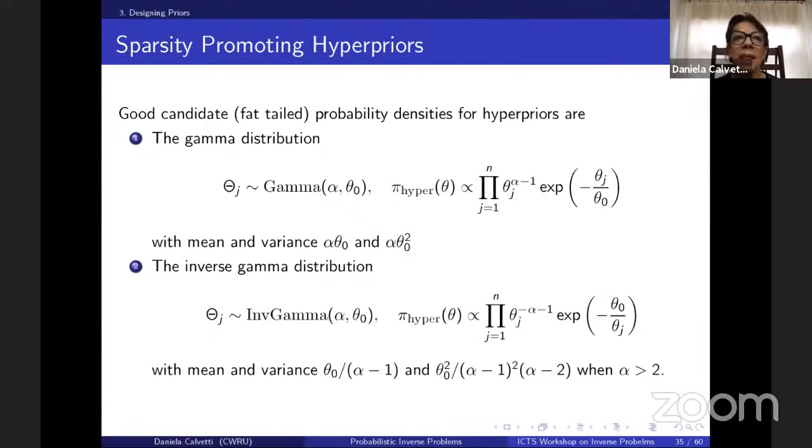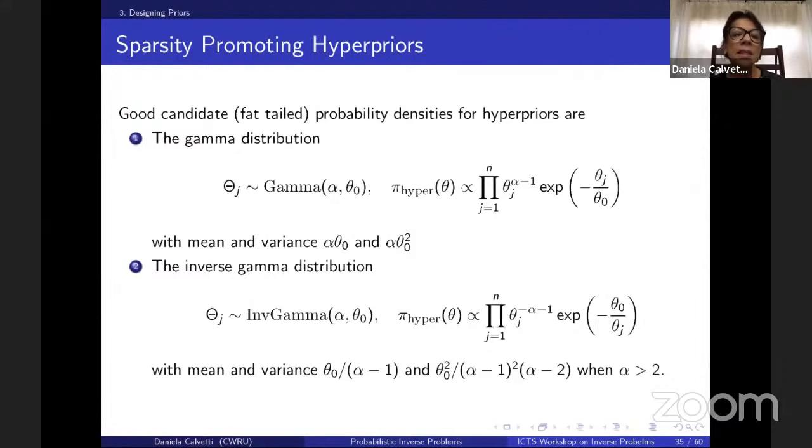It turns out that if we have a Gaussian likelihood, which is a model that can cover quite a lot of ground, then the gamma family of distributions is a very nice choice. It goes very well together with conditionally Gaussian priors and Gaussian likelihood in computational terms.